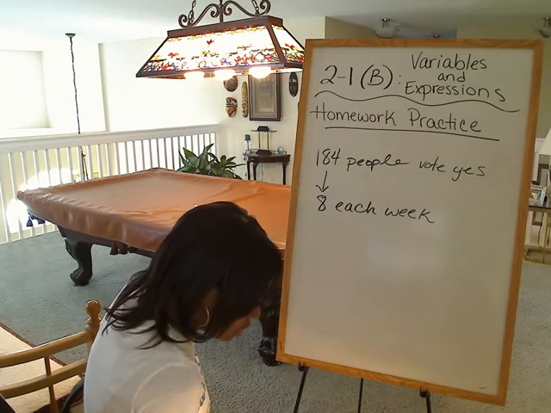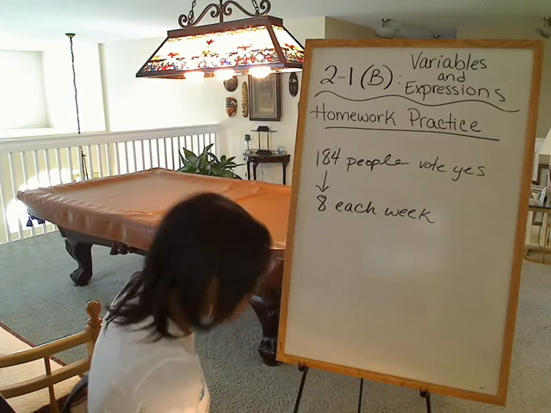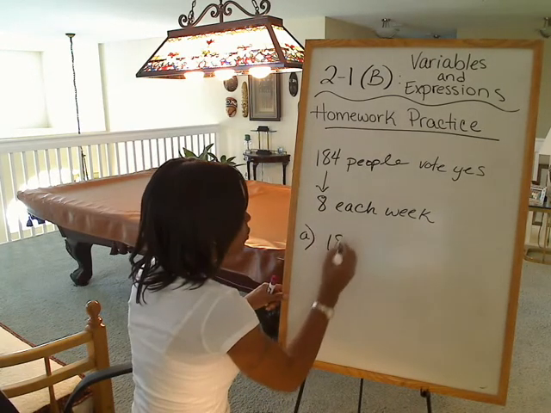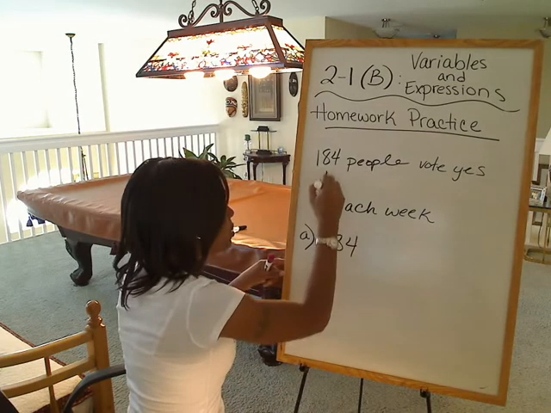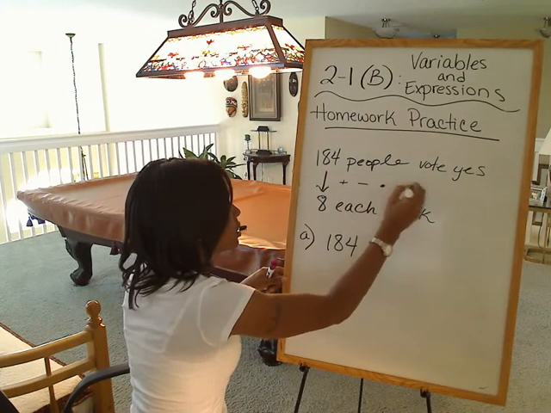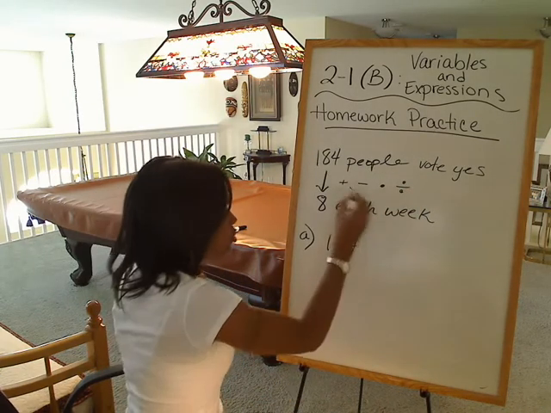So they want us to write an expression to find the total number of people who would vote for an incumbent in any week. So this is part A. So if you start off with 184, going down, out of addition, subtraction, multiplication, and division, which one does going down represent? Subtraction.